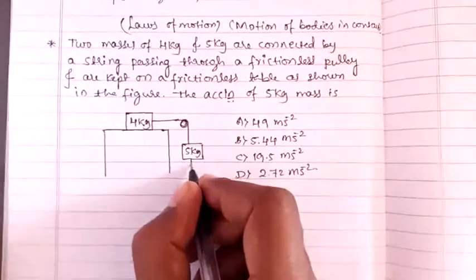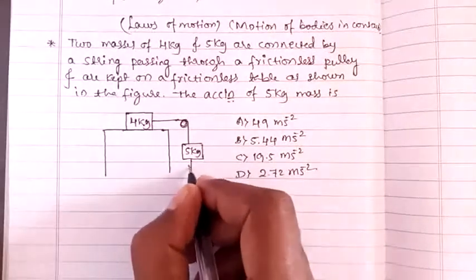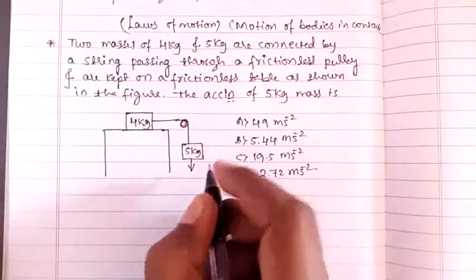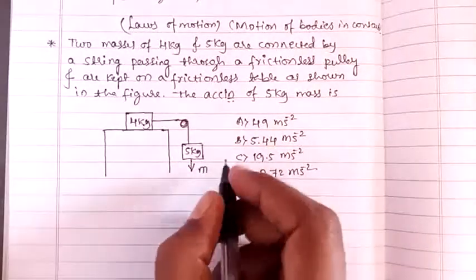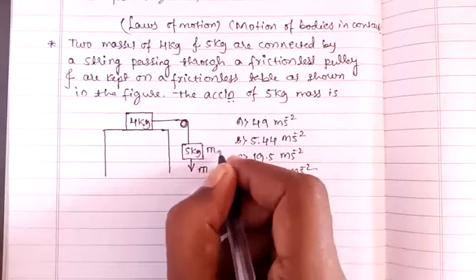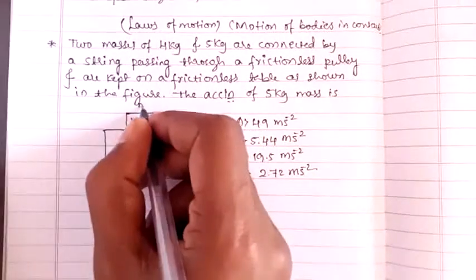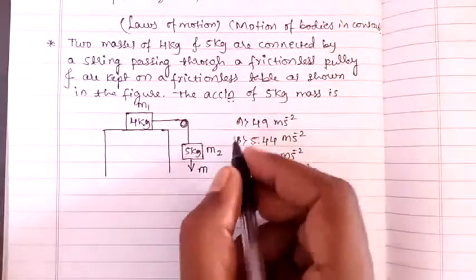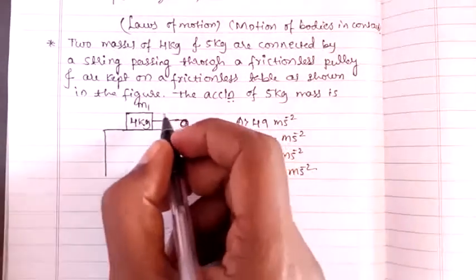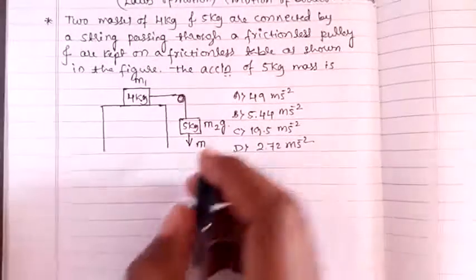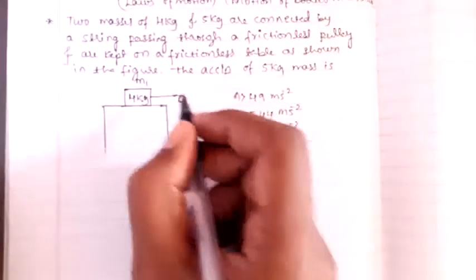See here, there is a gravitational force acting on this 5 kg mass because it is hanging. I will take this mass as m2 and this mass as m1. Then that force is m2 into g, and here we are going to solve for the acceleration produced.